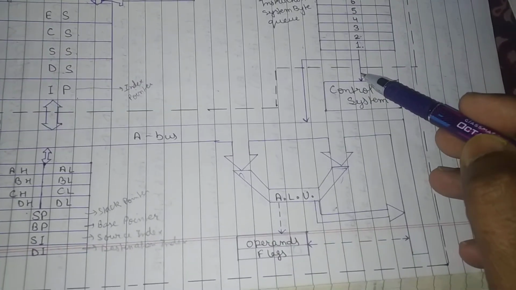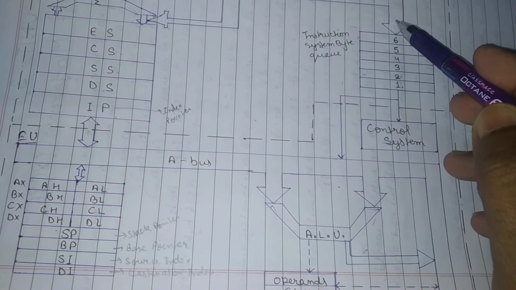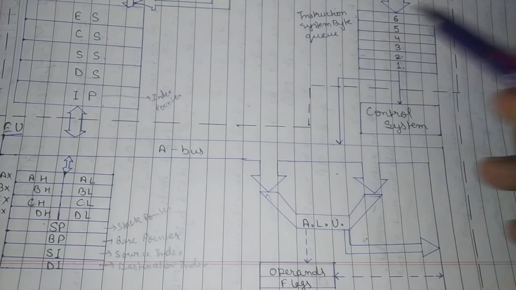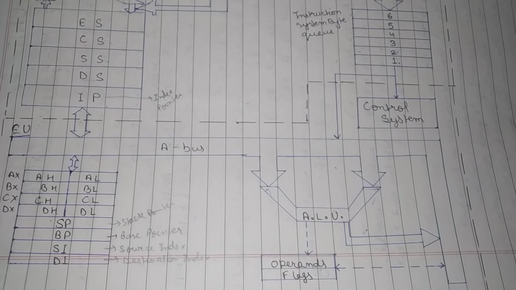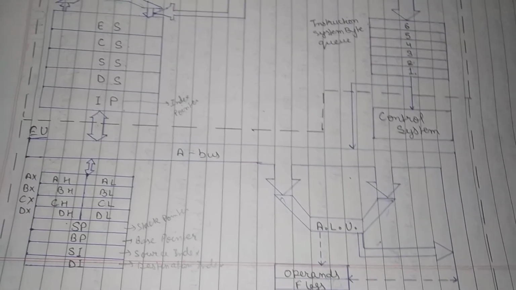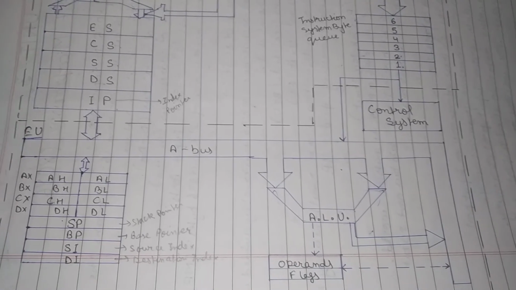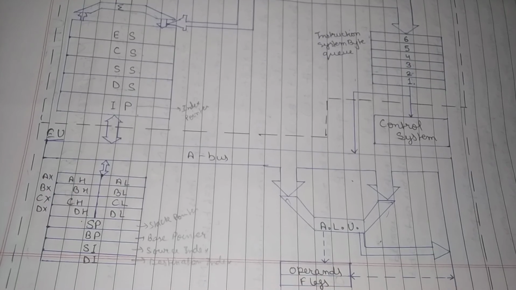When the first instruction is given to the execution unit, another instruction is being fetched from memory into this instruction queue. In this way, the instruction queue helps increase the operating speed of the microprocessor. The instruction queue plays a very important role in the architecture of 8086.